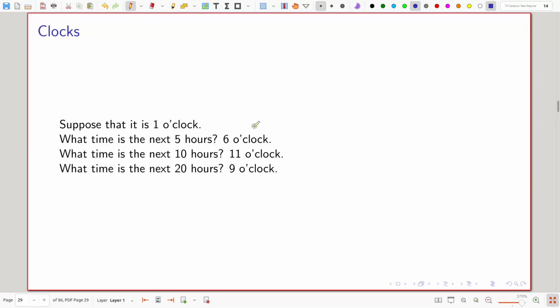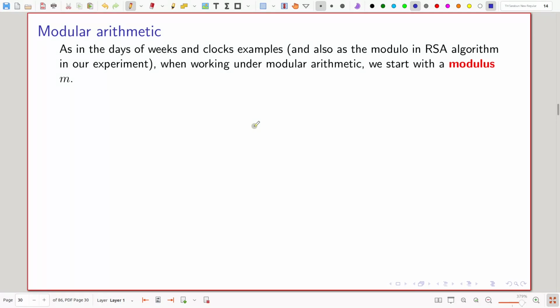So the numbers roll over and then go around again. When you think about modular arithmetic, you perform all the arithmetic operations and then think about the result in terms of this window of the modulus. This is called modular arithmetic.